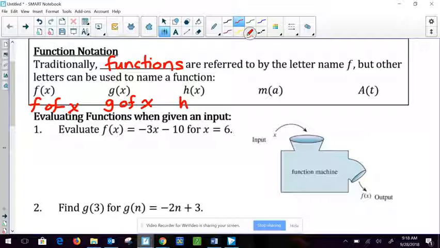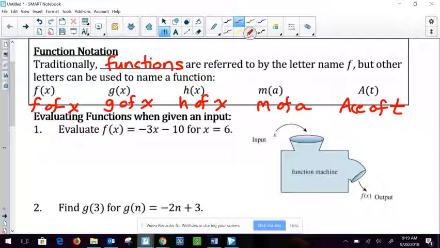The h one would be h of x. Going into the m's, we have m of a, and then the a would be, ace of t, is the way we pronounce these.